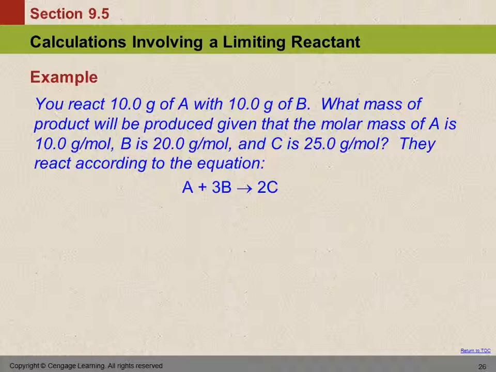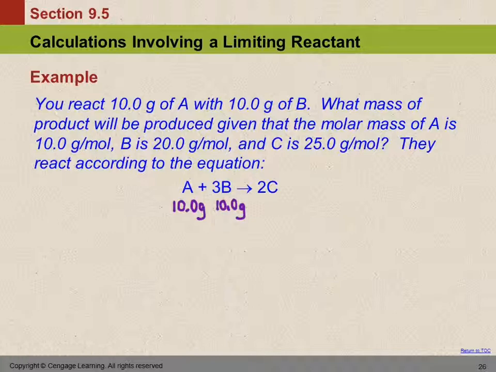Again, it's a good idea to use that balanced chemical equation to organize the information. 10 grams of A. So under A, I'm going to write 10 grams. Well, I really should put the 0. 10.0 grams. And it says I have 10 grams of B. So I've got 10 grams of B. What mass of product? Well, there's only one product.